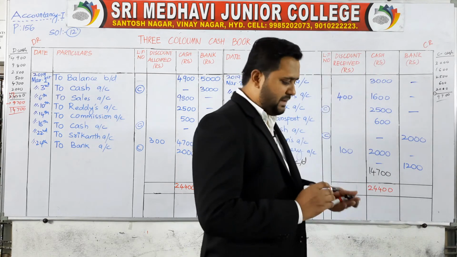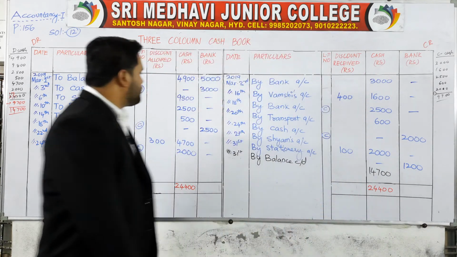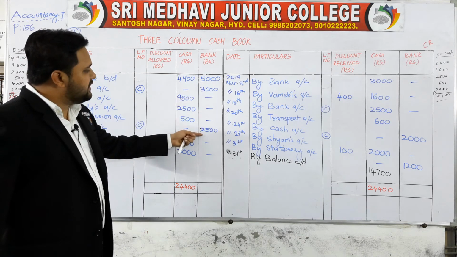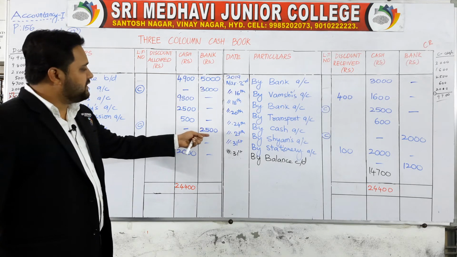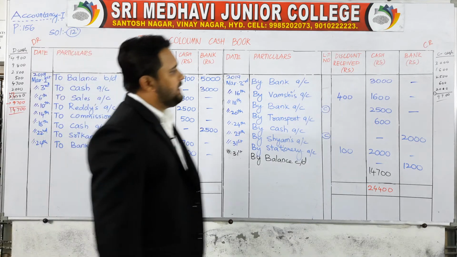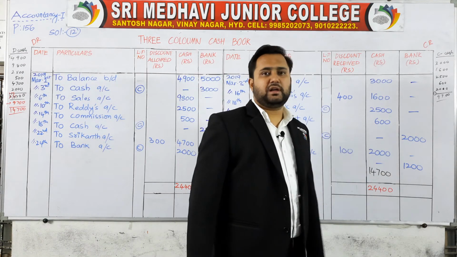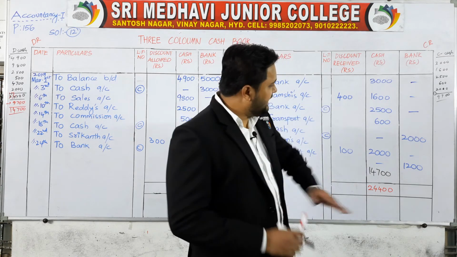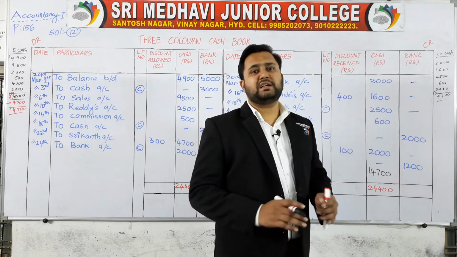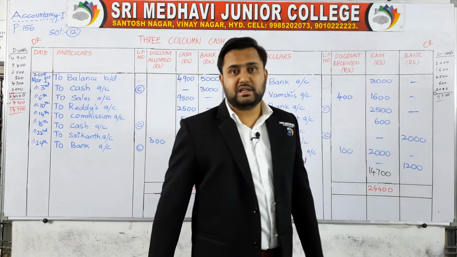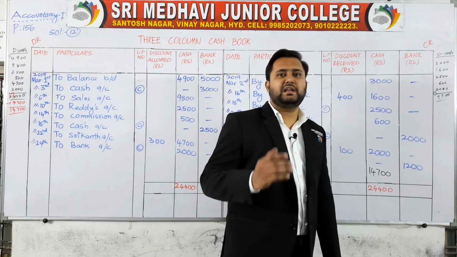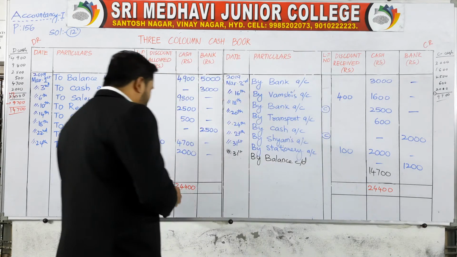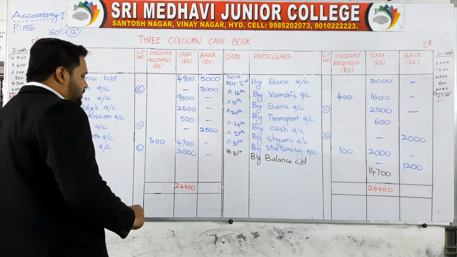Now let's do it with the bank as well. What is the total of bank? Here 5,000 plus 3,000, 8,000, 8,000 plus 2,000, 10,000, 10,500 here, and here 3,200. 10,500 is the debit side bank and 3,200 is the credit side bank. Now tell me which one is highest? Obviously the debit side bank total is highest, which is 10,500.